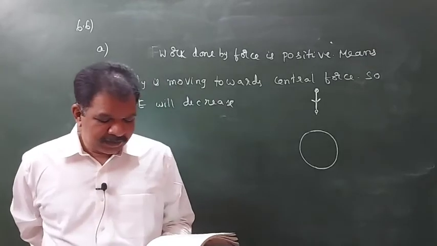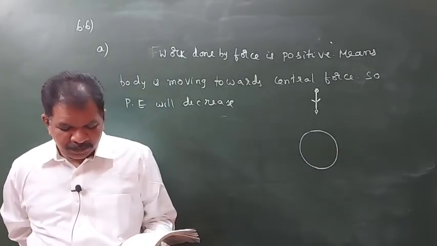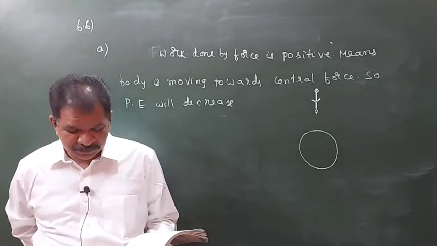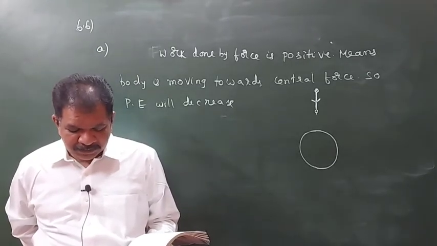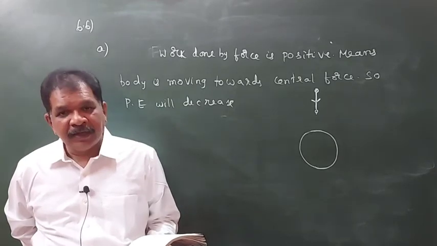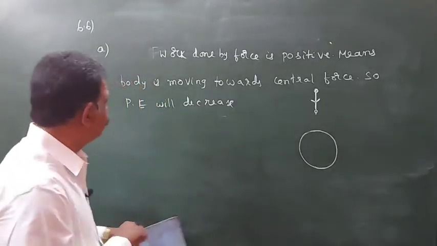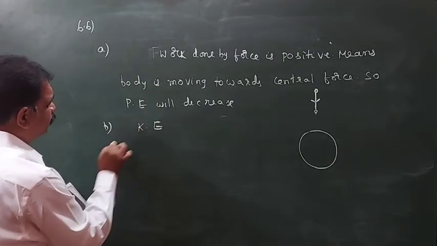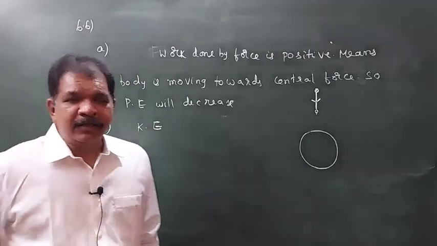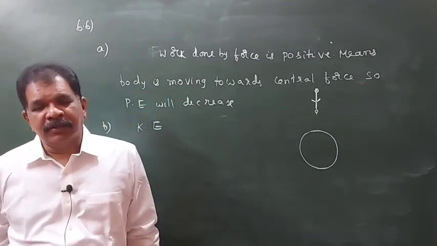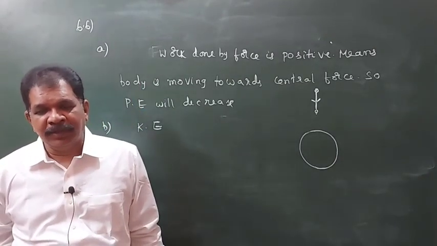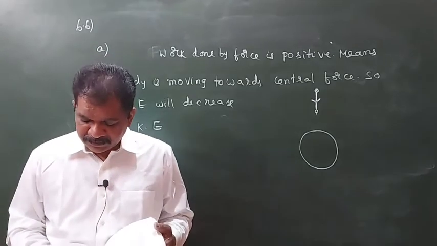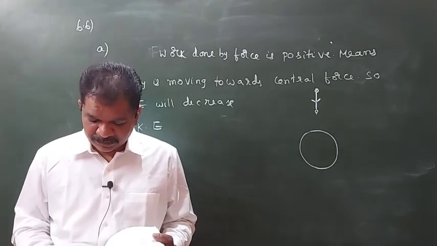Next, second, work done by a body against friction. Work done by a body against friction always results in a loss of kinetic energy or potential energy, means kinetic energy. Work done against friction, the velocity of the body will decrease, means there is a loss of kinetic energy.